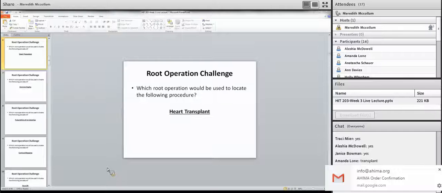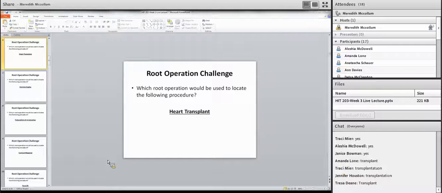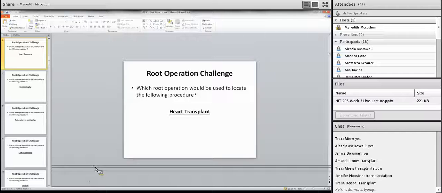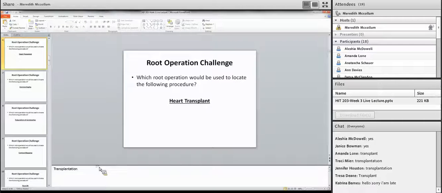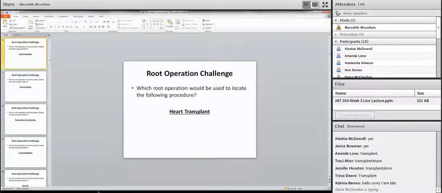What you need to do is go right above the chat box. There's a files area. You click on the file and download it and you'll get this presentation. At the bottom where I've hidden it, it gives you the answer. So you can always go back through and practice, but it's good to have it hidden so you're not cheating. So try not to cheat.